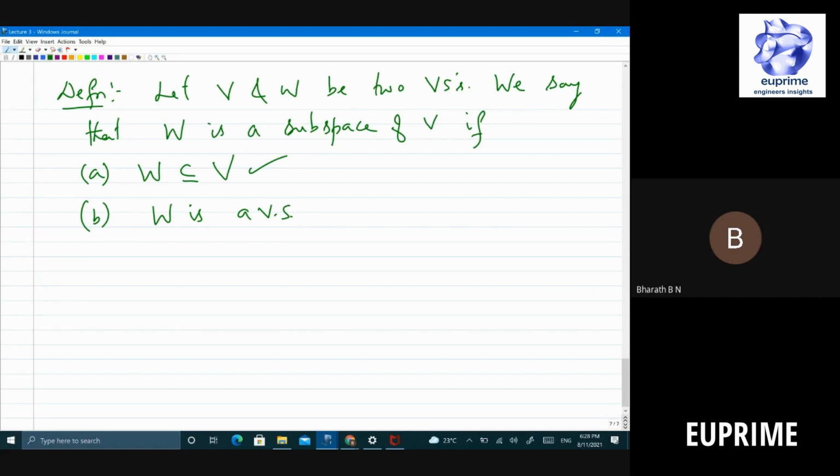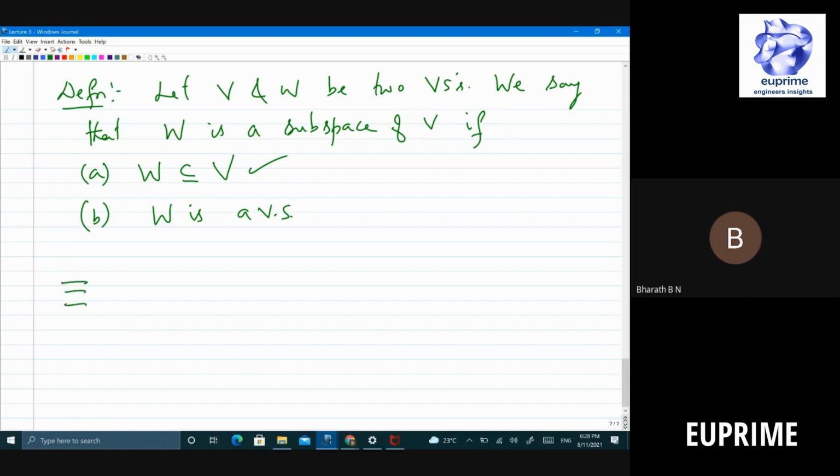It takes time. Is there a simpler way? Remember, W sits inside V. So if you take two vectors in W and add them, it cannot go out of V, right? It should be there in V at least, right? But if you ensure that it's there in W itself, then we are done, right?